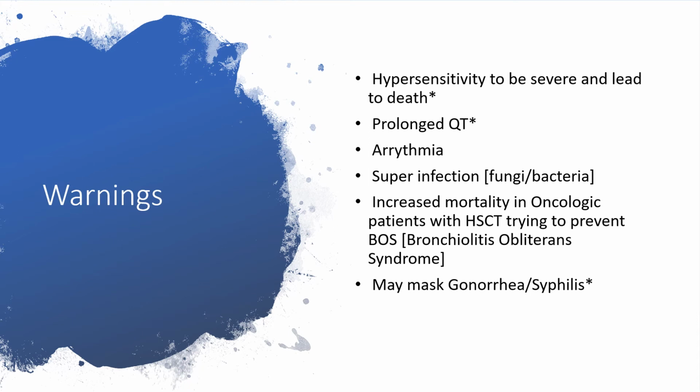Also, we should remember that prolonged QT is very possible here, and if that is the case, it could degenerate to torsades de pointes. Torsades de pointes could degenerate to monomorphic ventricular tachycardia. That could go down to polymorphic ventricular tachycardia.